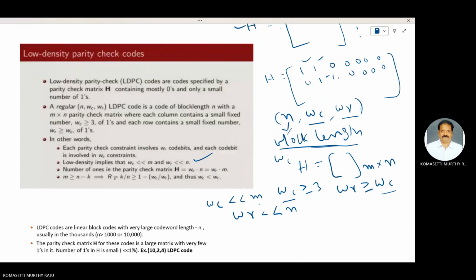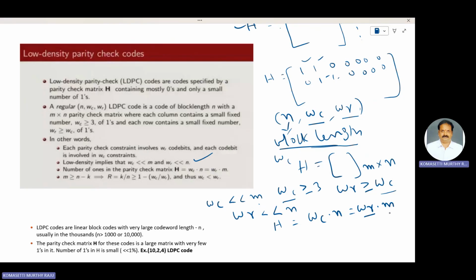The total number of ones in the parity check matrix H is equal to WC into N, which is equal to WR into M. WC is the weight of the column, WR is the weight of each row, and N is the block length. M is the number of parity check equations, or the number of rows of the H matrix.